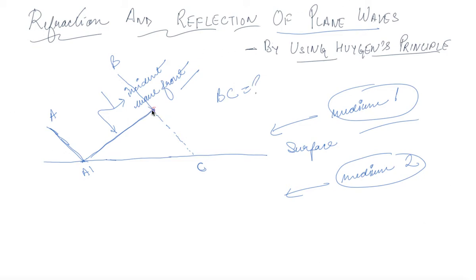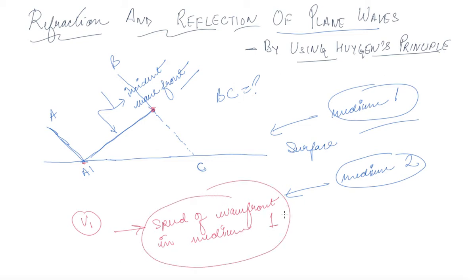Now when waves are concerned, there will be a speed. Let the speed of this wavefront in medium 1 be v1. Similarly, let's define v2 as the speed of the wavefront in medium 2.